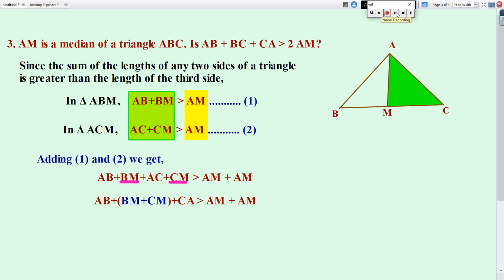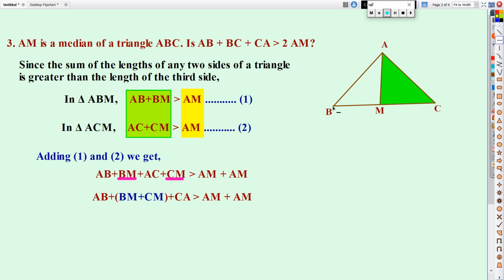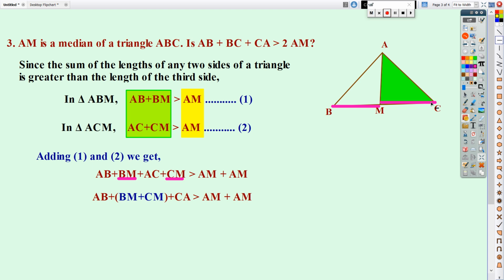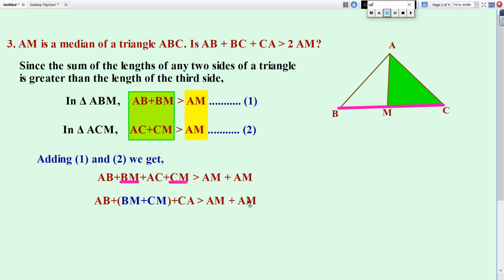Now look at the figure. What is BM plus CM? BM plus CM is equal to BC, and AM plus AM you can write as 2AM.